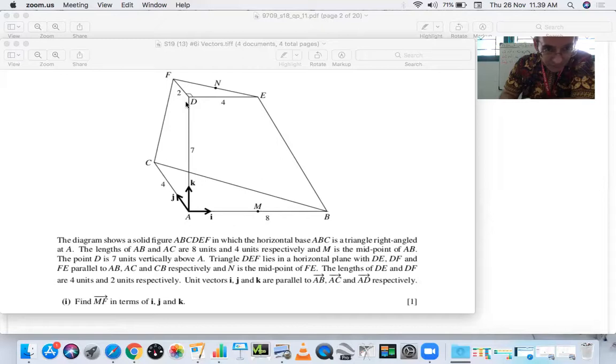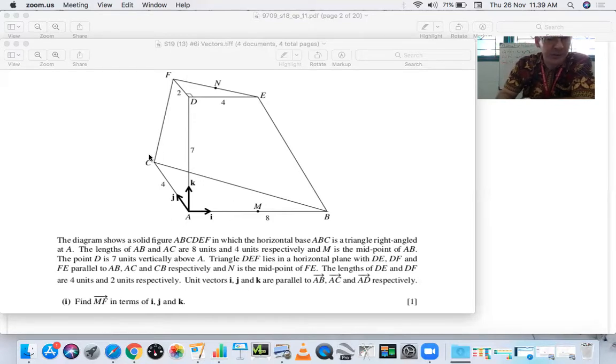It just goes into the board or into the computer there. Okay, so we're only going back 4. So you have a minus 4i. Now for the J part, notice the J part, this is parallel here. So from the corner, it's just going 2 along the J.